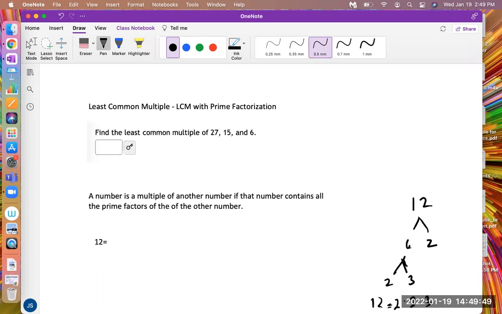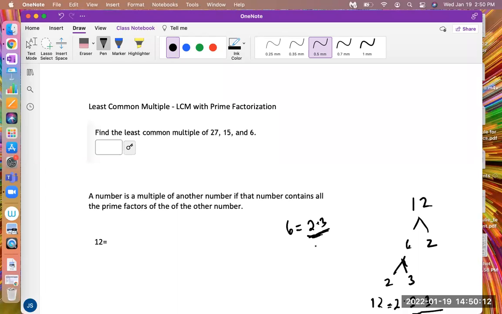So the prime factorization of 12 is 2 times 2 times 3. The prime factorization of 6 by itself is 2 times 3. So because 12 contains a 2 and a 3, just like 6 does, 12 is a multiple of 6 because it contains all the prime factors of 6.